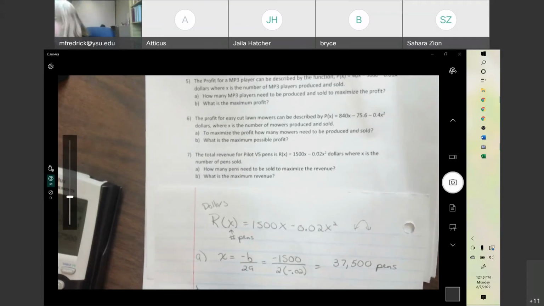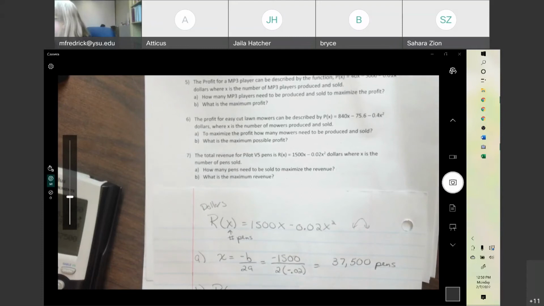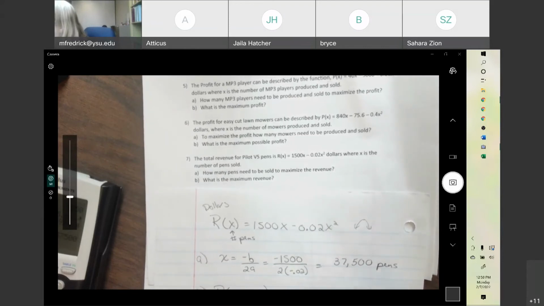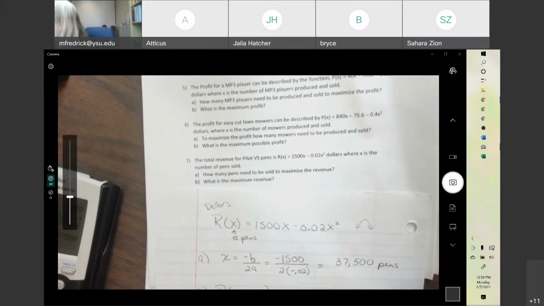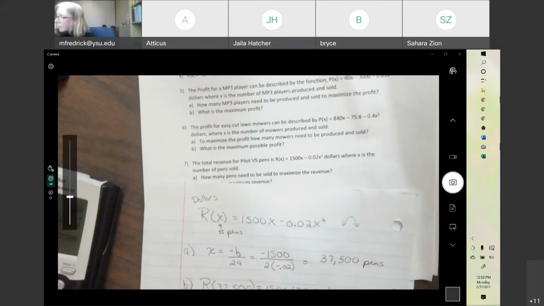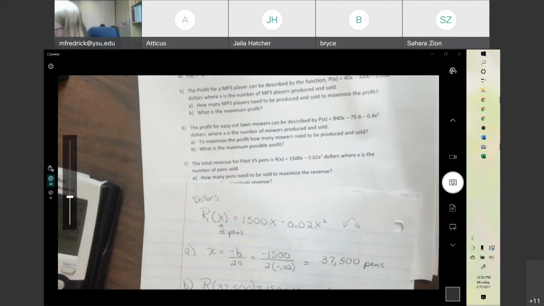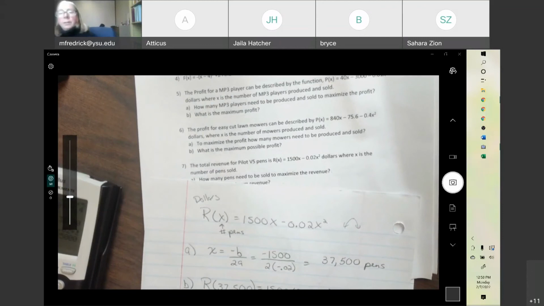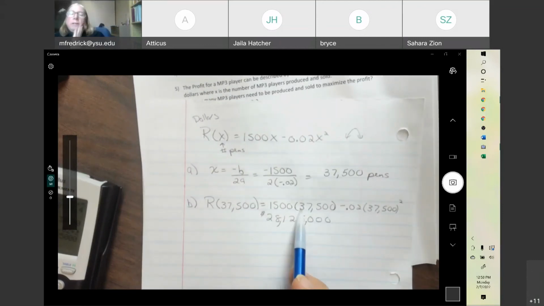To find the maximum revenue, just plug it into your equation. So if you sell 37,500 pens, you will make in revenue $28,125,000.